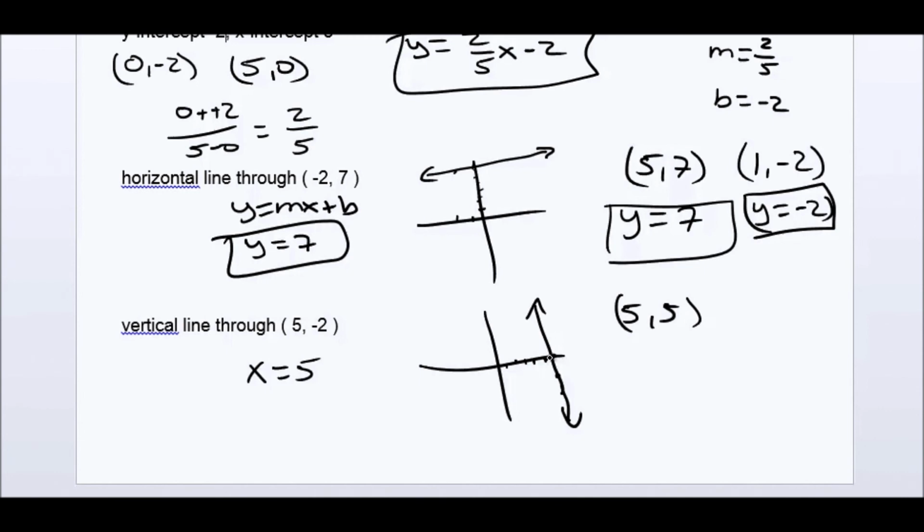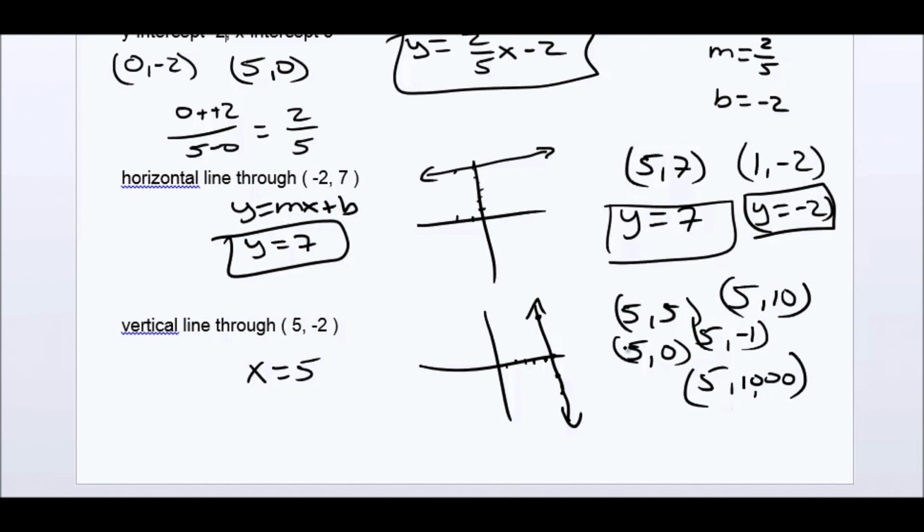So that's 5 and then up 5, so your point would be somewhere here. And that works because at x equals 5 you have a vertical line. So as long as you have all your coordinates where 5 is your x-coordinate, it could be 5, 0, 5, -1, 5, 10, 5, 1,000, 5 million, it doesn't matter. All these points are going to lie on your vertical line on x equals 5. So this is your equation.